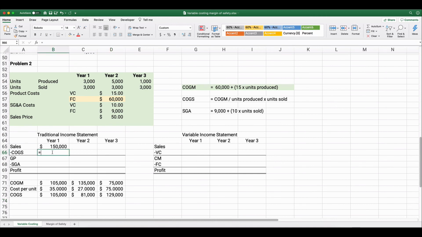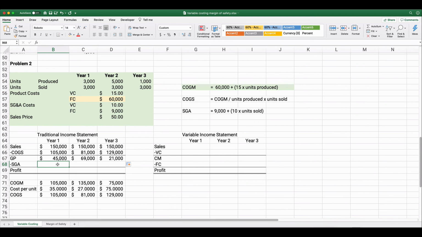All right, so let's put our cost of goods sold in. So it's 105,000, and we can copy it across. We'll calculate the sales minus the cost of goods sold. Bring that across.